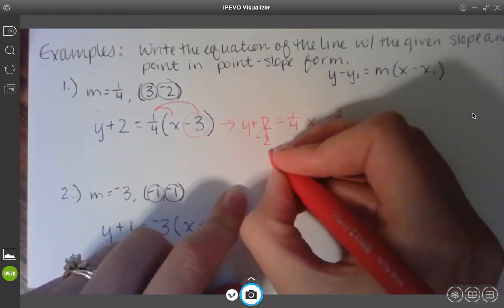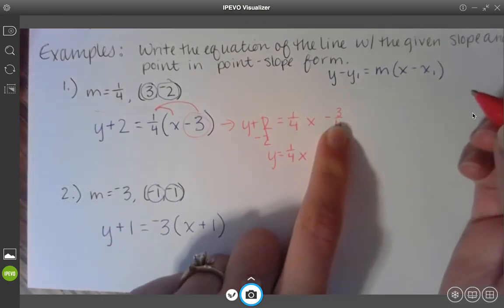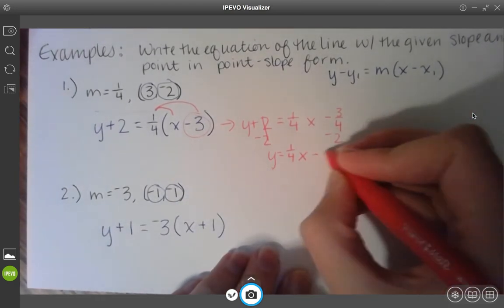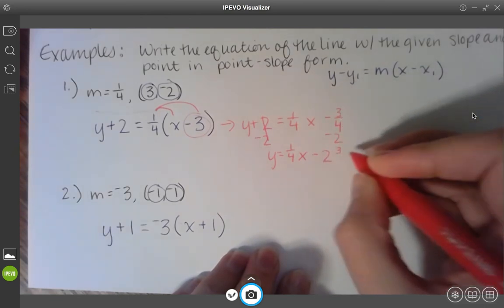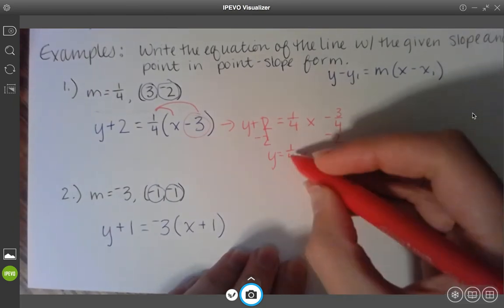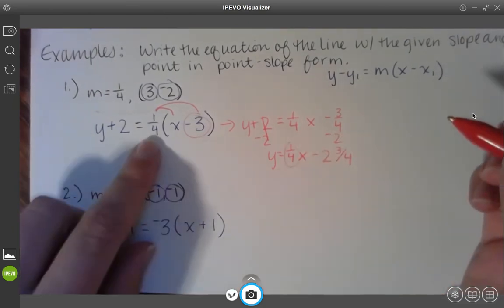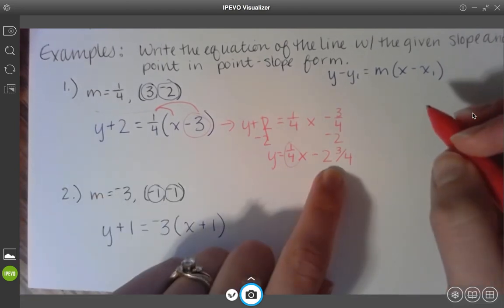That cancels, and I get y equals 1/4 x, and -3/4 minus 2 is -2 and 3/4. Right? I got my slope, and that was my slope before, it didn't change. And now I got my y-intercept.